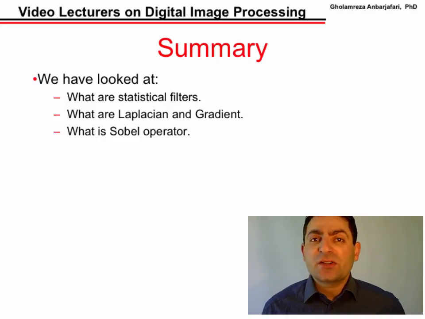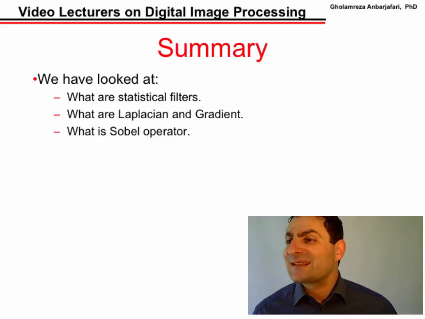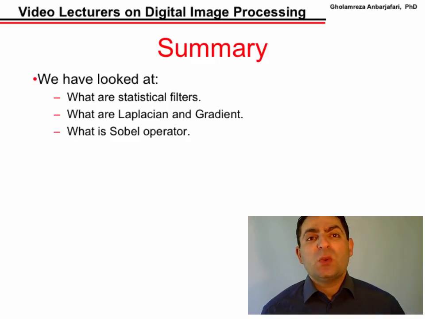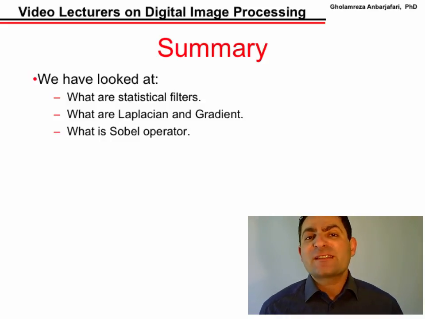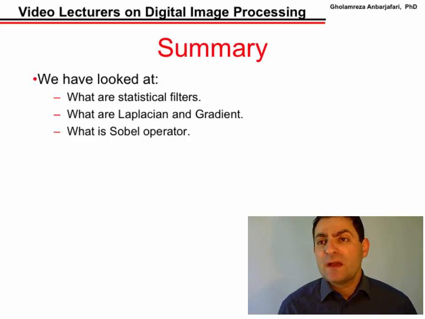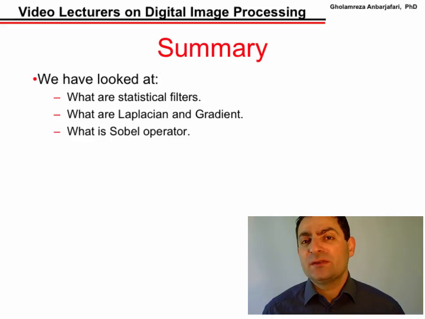In today's lecture, we talked about the statistical order filter, and we talked about the median filter. Within the course, we will see a bit more of the statistical filters. We have seen how Laplacian and gradients are calculated and how we can use them in order to enhance an image.